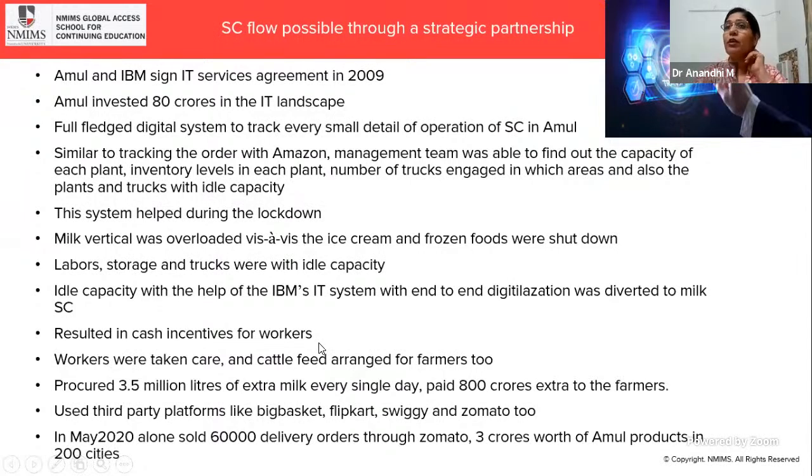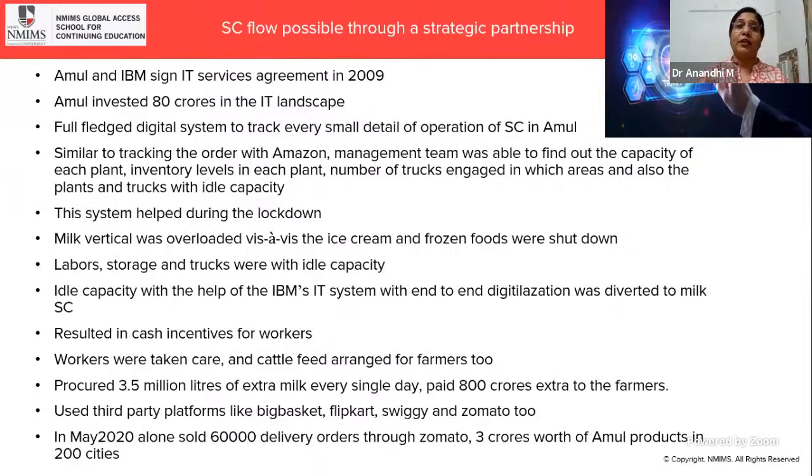So obviously, when you are operating with excess capacity, and excess labor, overtime, incentives, all these were given to the workers. That was the time when in other industries or similar industry, other brands, they were laying off workers, but Amul, wonderfully, they were doing business also by retaining their own workers, giving additional incentives for them. Workers were given very nice care.